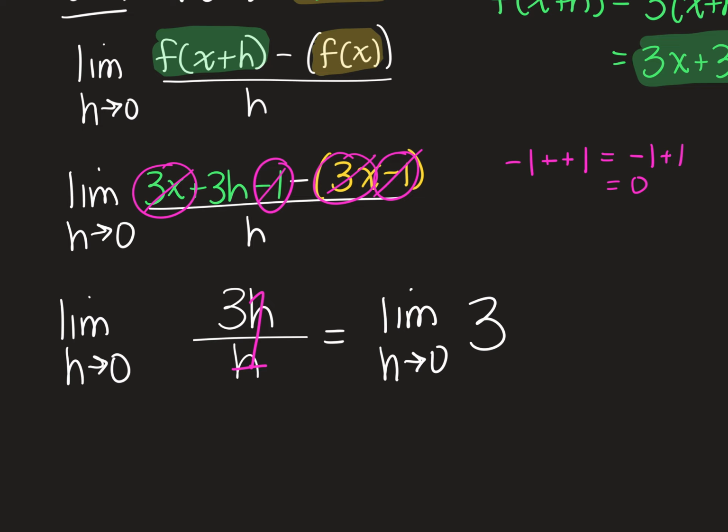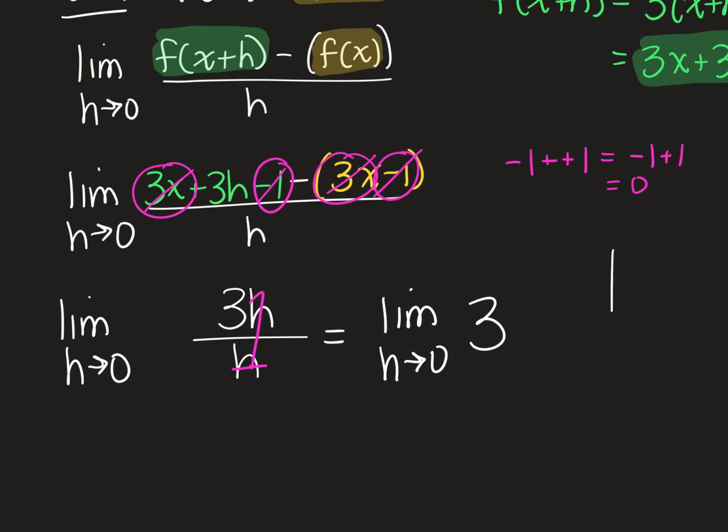Okay, so remember what a limit means. It's saying make a guess about what that output will be when you reach whatever our input is, which in this case is 0. In other words, if you think about what 3 is as a function, if I said f of x equals 3 or y equals 3, that is a horizontal line.